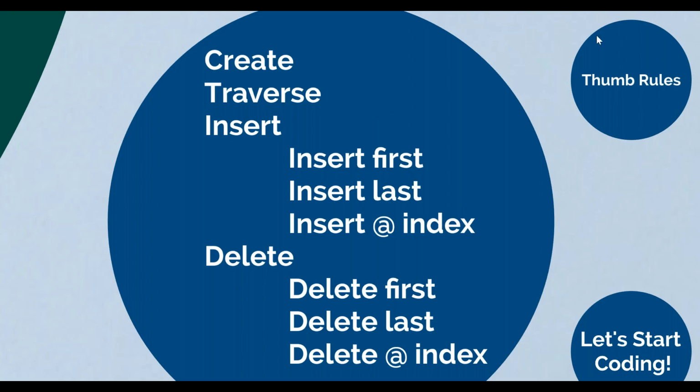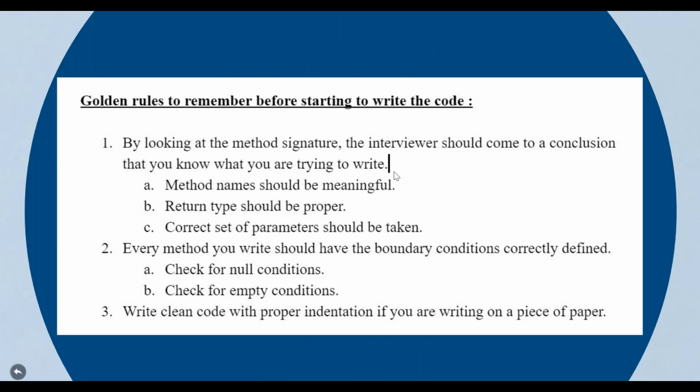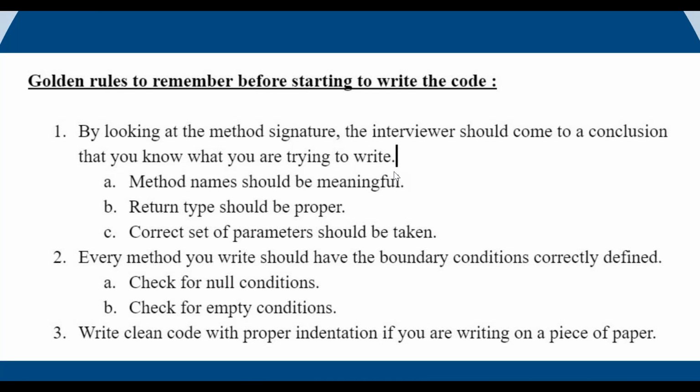Before that, guys, let me tell you a few thumb rules that any programmer, in any language, anywhere, should follow. Let me read them out, guys. These are very important for your whole career as a software engineer. Let's say you go to an interview and people ask you to write some code, or your manager asks you to code something.